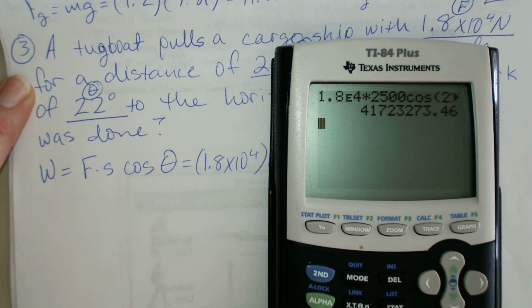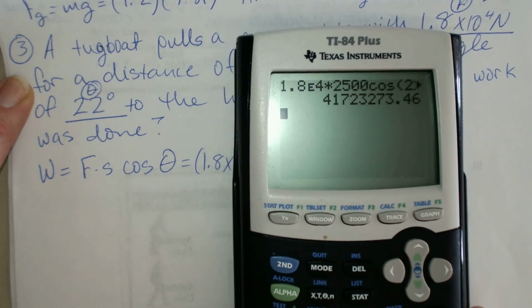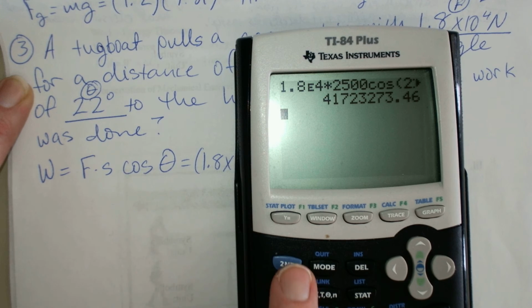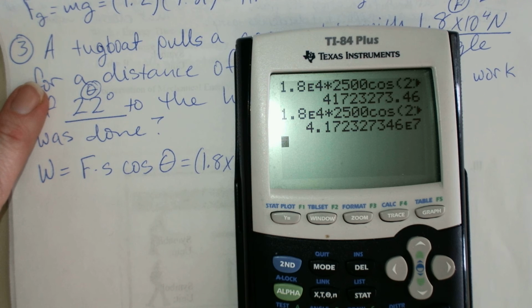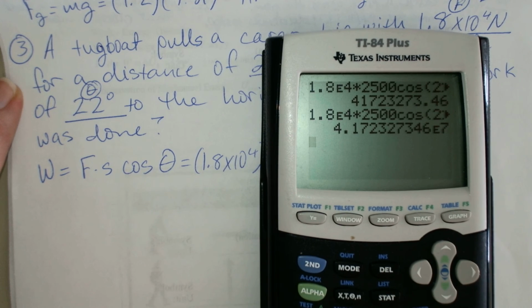And then if you want to see what you did all over again without actually typing it all over again, you hit second and then enter, and it will type it all over again for you. And then hit enter again, and there's the number in proper scientific notation without you actually having to do anything. So then that's a little easier to read. That's just 4.17, and see the E7, that means times 10 to the 7th.